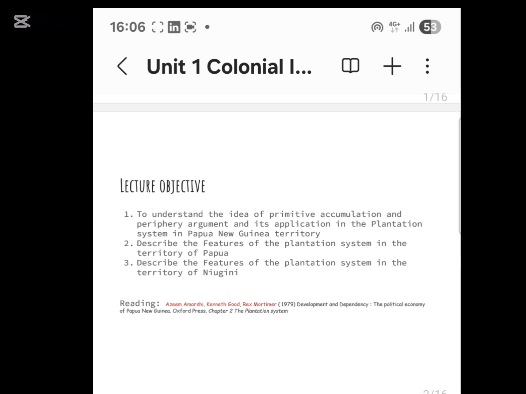So first we are to discuss a framework in which we try to understand what is going on in Papua and New Guinea territory from 1884 to 1945.